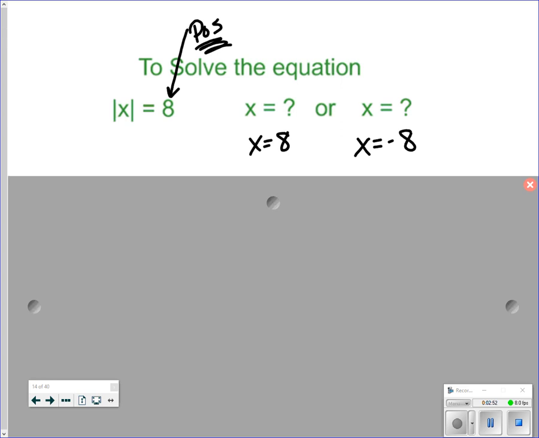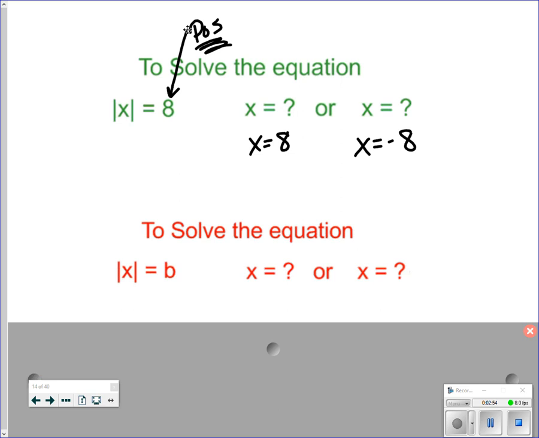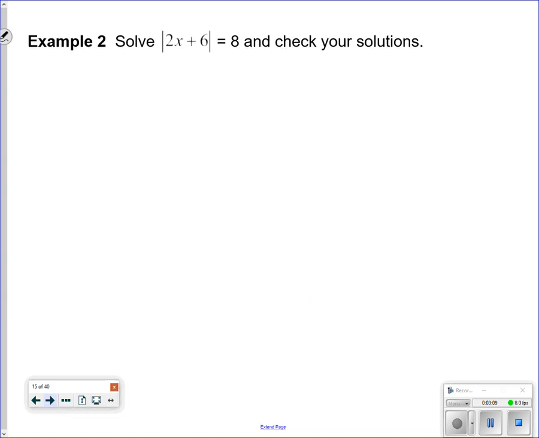Now, let's talk about this more in theory then. If I wanted to solve any absolute value equation as long as b was positive, then the answer would be for positive b and for negative b, meaning I went to the right on the number line or I went to the left on the number line. So remember, the absolute value has to be by itself and it must equal a positive.